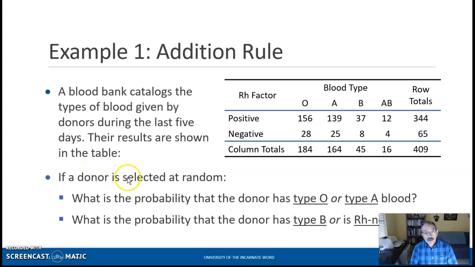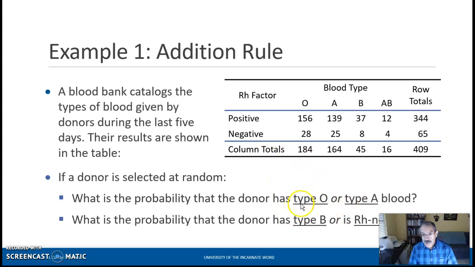If a donor is selected at random, the question is, what is the probability that the donor has a type O or type A blood? And the second question is, what is the probability that the donor has type B or is Rh negative? So again, as I suggested in the previous section, highlight or underline the events that are of interest in this problem.